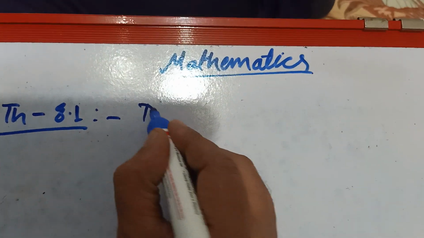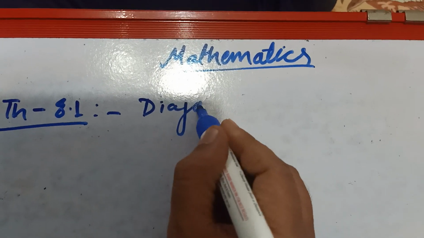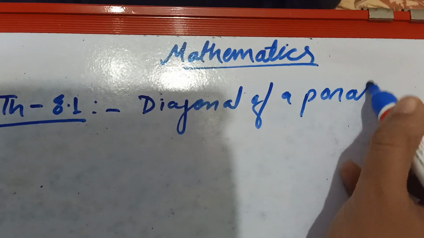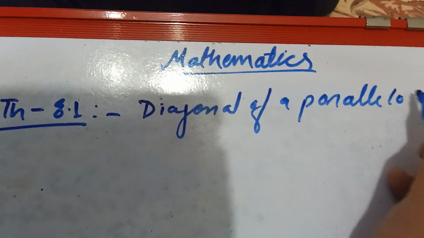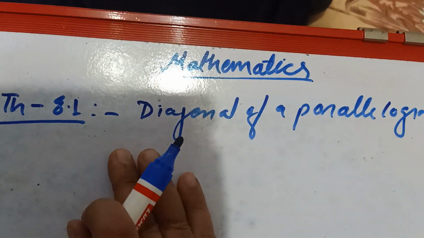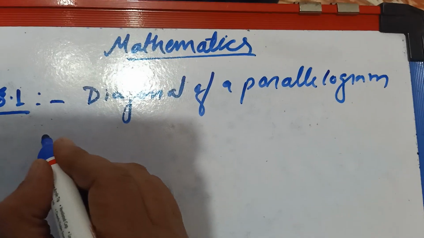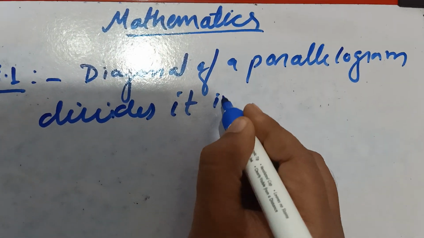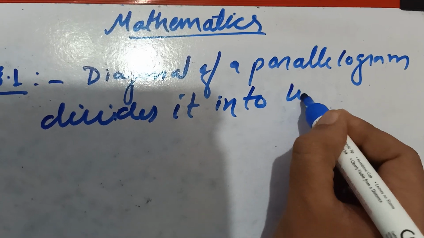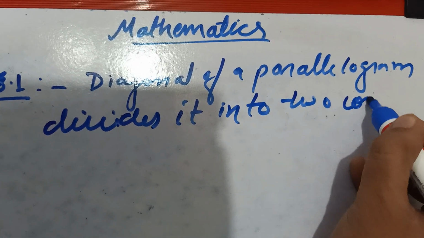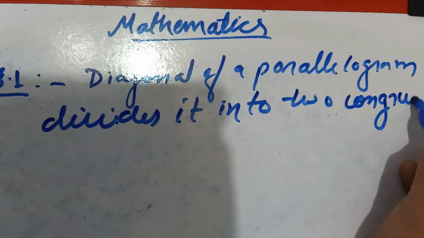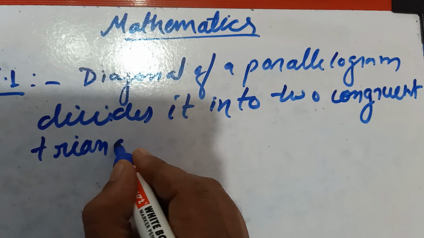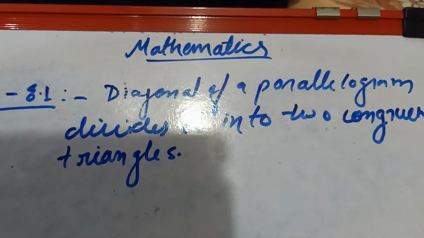The statement of the theorem is that a diagonal of a parallelogram divides it into two congruent triangles.